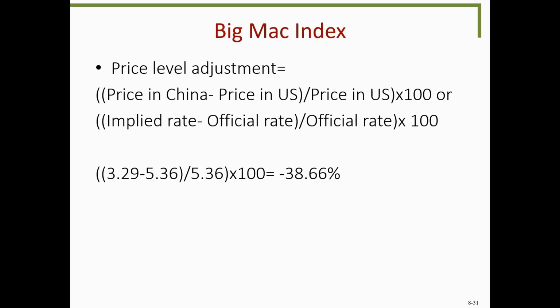The real price of a Big Mac in China is $3.29. We subtract the base price in the US, which is $5.36, then divide by $5.36 and multiply by 100, and we get negative 38.66, which is a percentage. That means China's currency is undervalued by 38.66%.